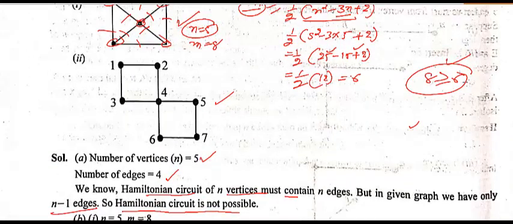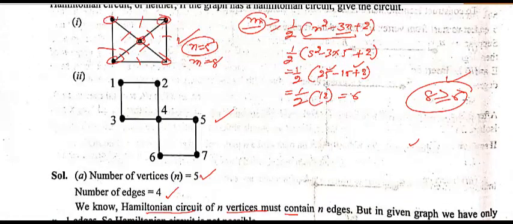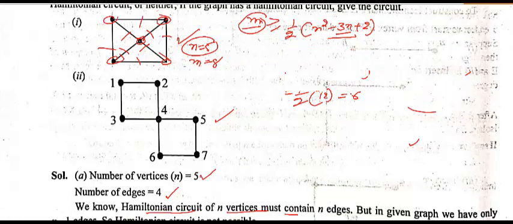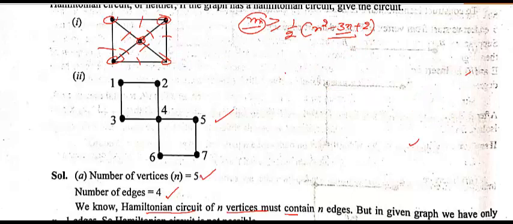Now we will check the same thing in the second example also. Correct? So how will I check? See, this is the question. Now I am taking this question. So what is m here? 1, 2, 3, 4, 5, 6, 7, 8. Correct? How many vertices? 7. So n is equal to 7.